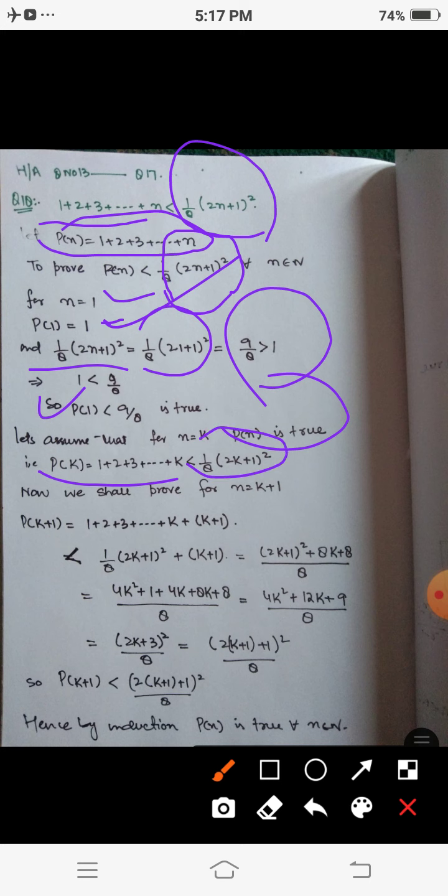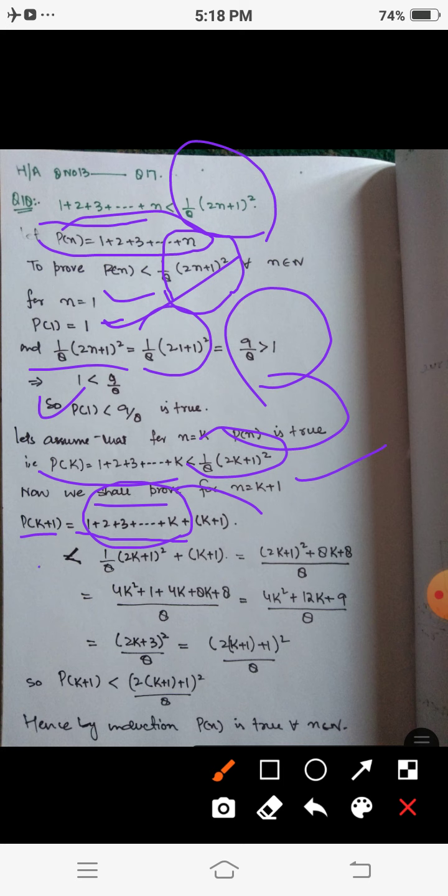Now we shall prove for n equals k + 1. Now P(k+1) is the sum of the first k + 1 numbers, which is 1 + 2 + 3 + ... + (k + 1). Here the sum of the first k numbers by assumption is less than (1/8)(2k + 1)². The first term is the sum of the first k numbers, and the next term is the next number.